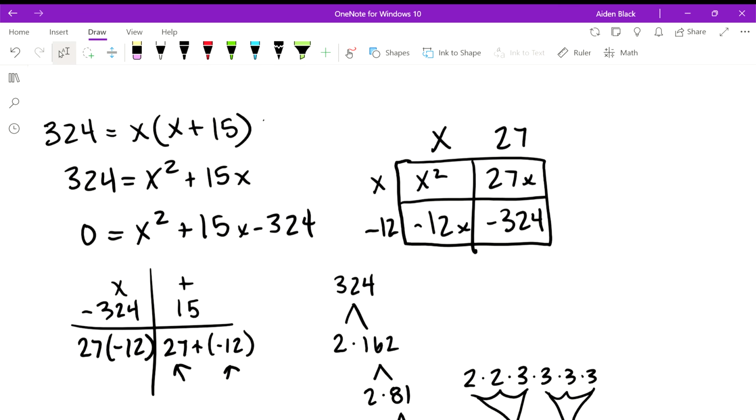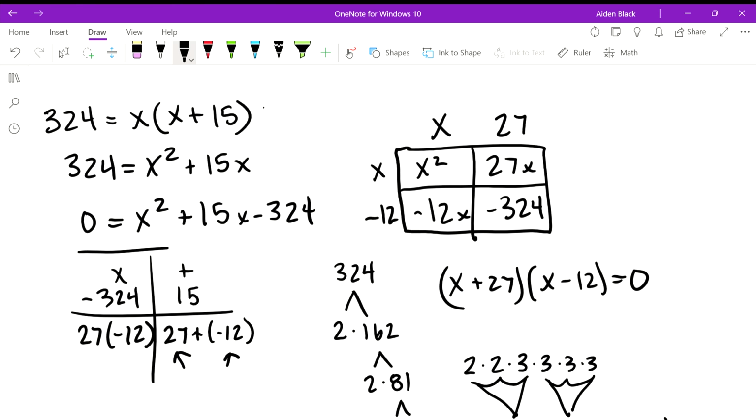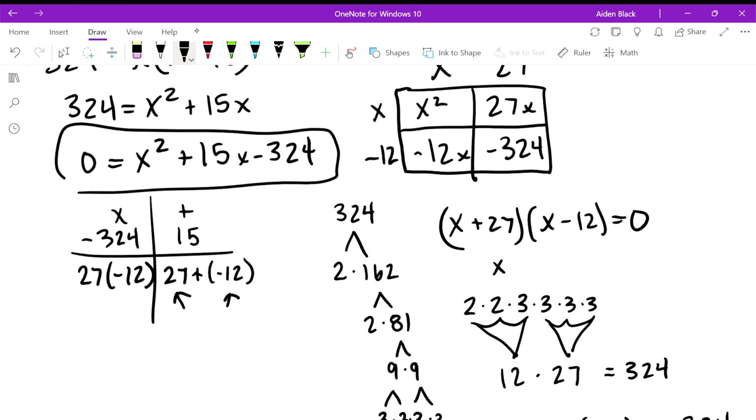Yeah, if you do all that, you'll see that x plus 27 times x minus 12 equals 0 is the factored form of this here. In which case, we should know our solutions are negative 27 and positive 12.